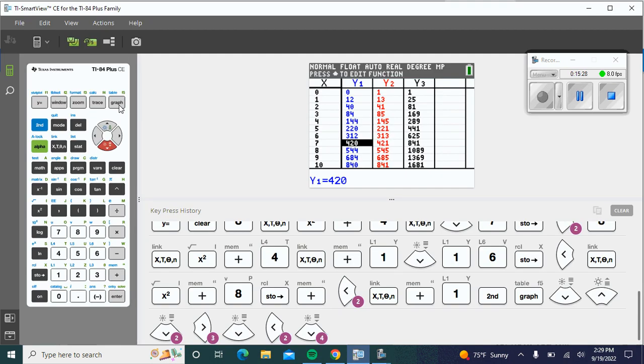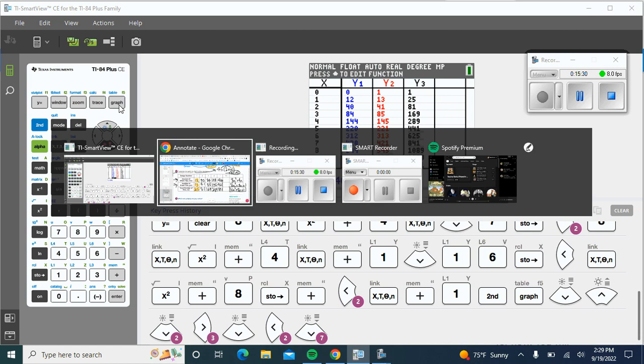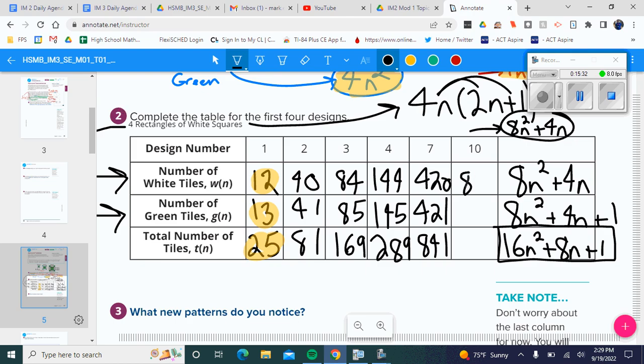Term 10, 840, 841, 1,681. So again, key components here, make sure you have the right formula for green, white, total.